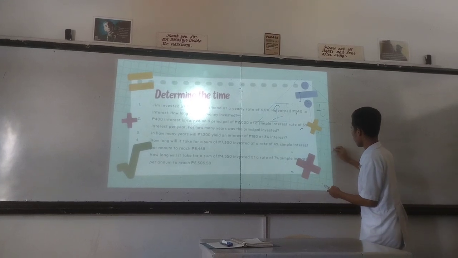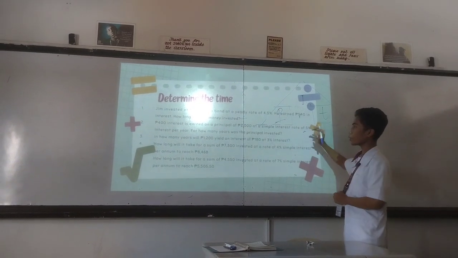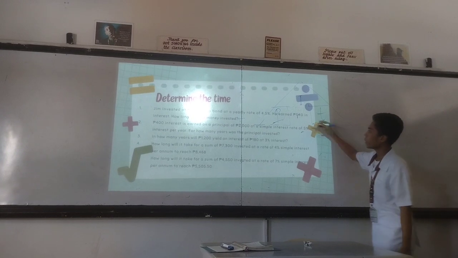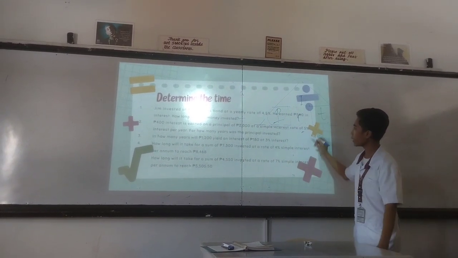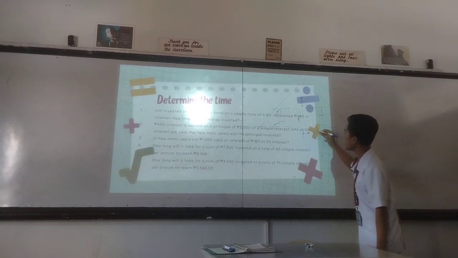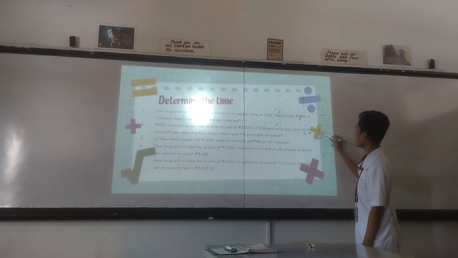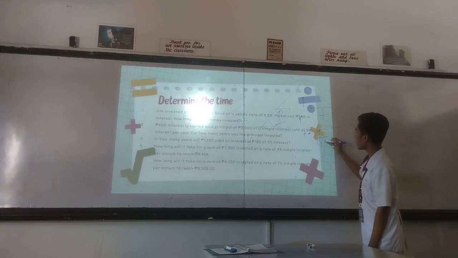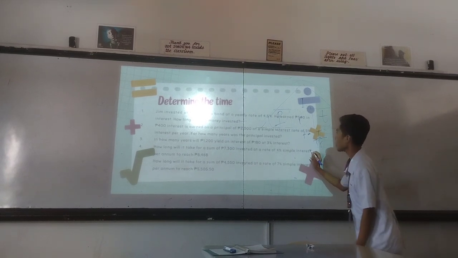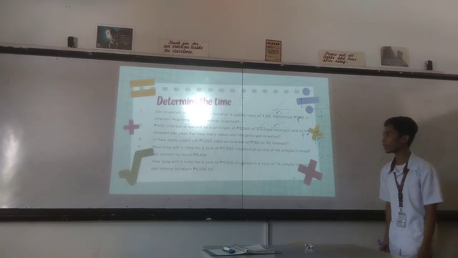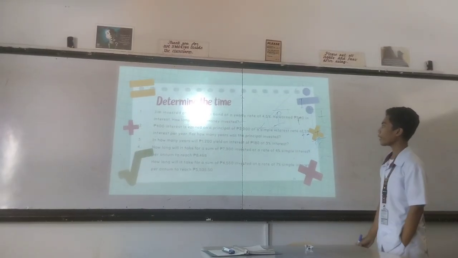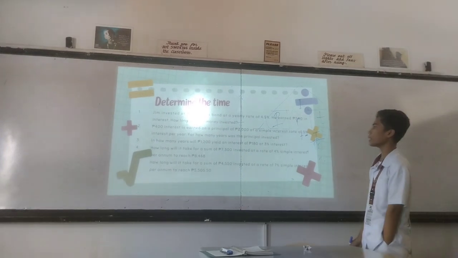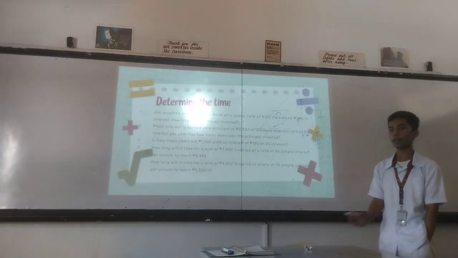Since what we are looking for is time, our formula would be this: I over the principal multiplied by the rate of interest. So number one, Jim invested 4,000 in a bond at a yearly rate of 4.5%. He earned 540 in interest. So how long was the money invested?